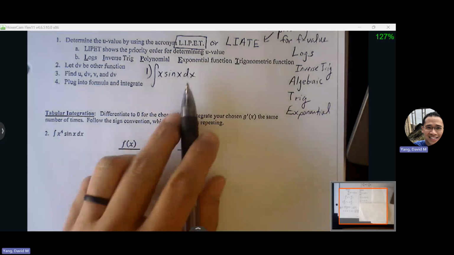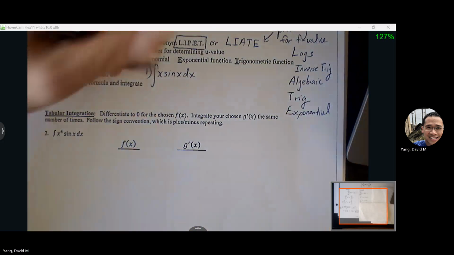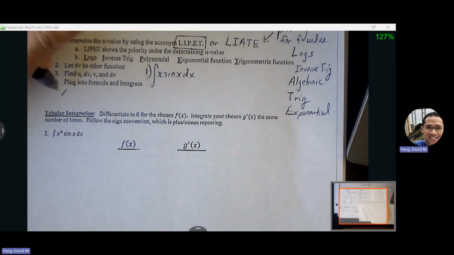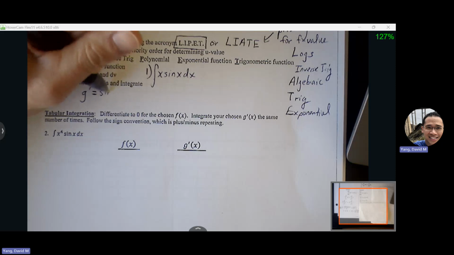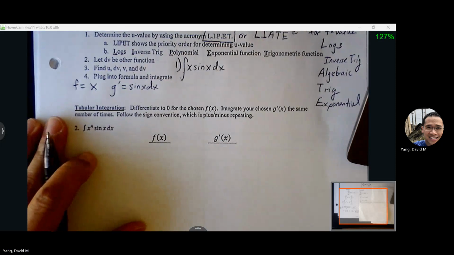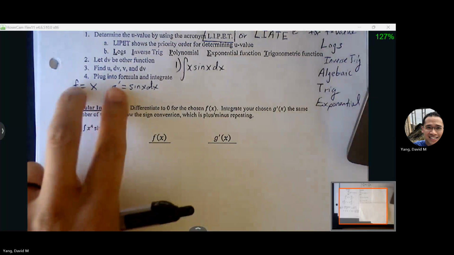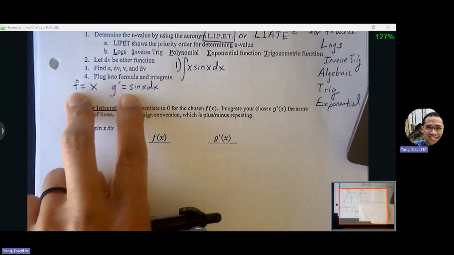I'm also going to attach the dx with my g prime. So f is equal to x, and g prime is equal to sine of x dx. That's the most important thing here, identifying the correct f and g prime.